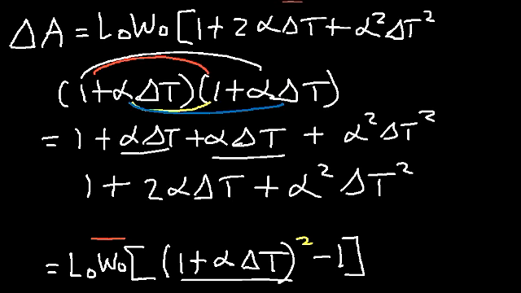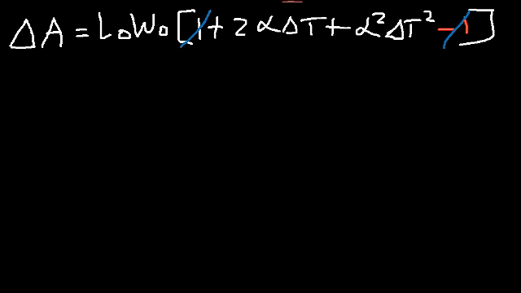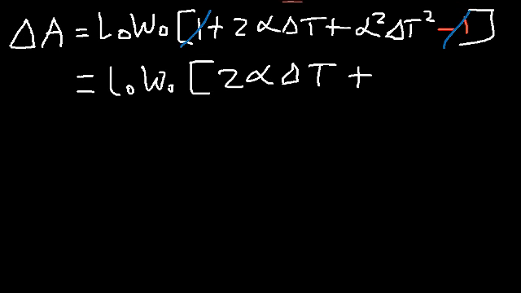And now let's not forget about this one that we have here, so minus 1. Now we can cancel these two, and so we have the equation that we had before. So that's L0, W0, 2 alpha delta T plus alpha squared delta T squared.